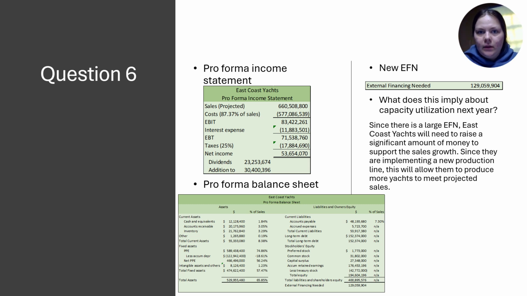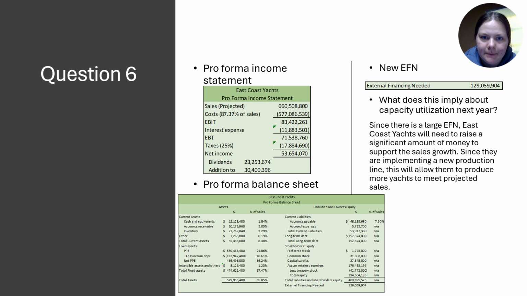So, I multiplied the 2020 sales by the 20% and got $660,580,800.